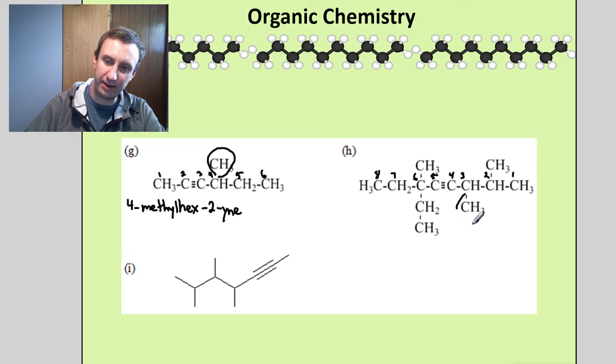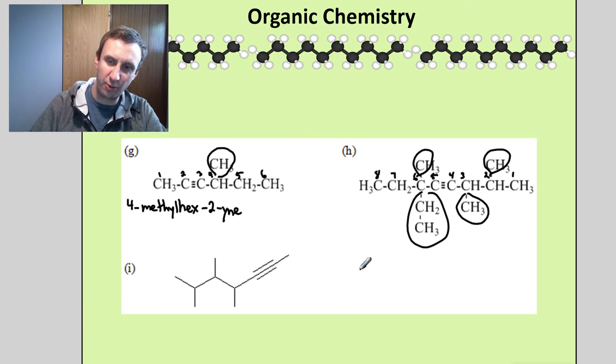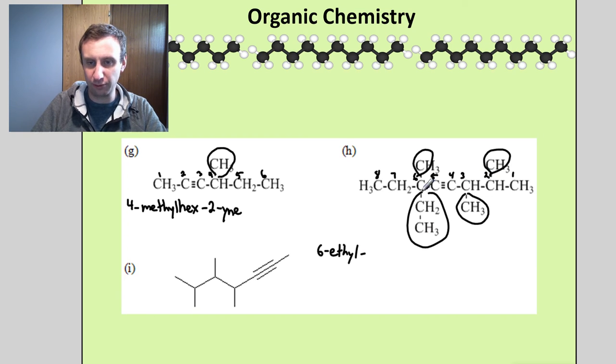1, 2, 3, 4, 5, 6, 7, 8. So I've got a methyl, an ethyl, and a methyl. When I am writing out the name for this, the ethyl comes first because it's alphabetically first. So I've got 6-ethyl. Now I've got 3 methyl groups, so I should have 3 numbers listed here. Lowest to highest, 2, 3, 6.